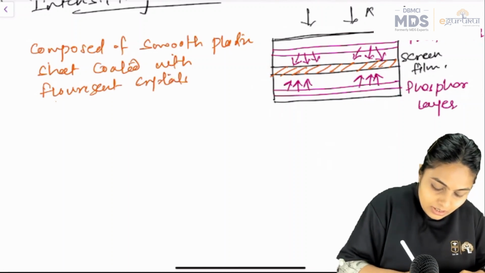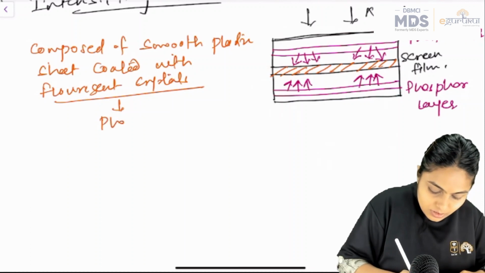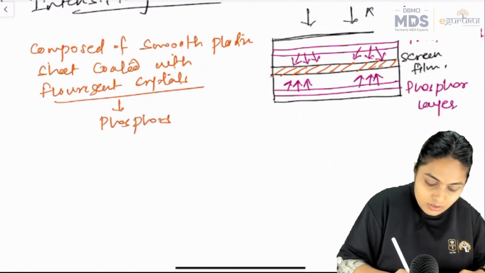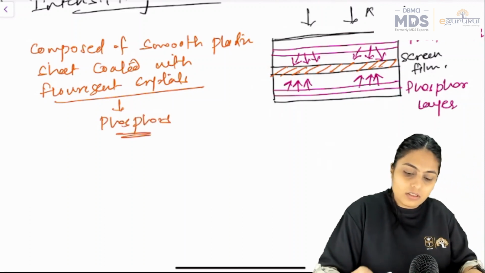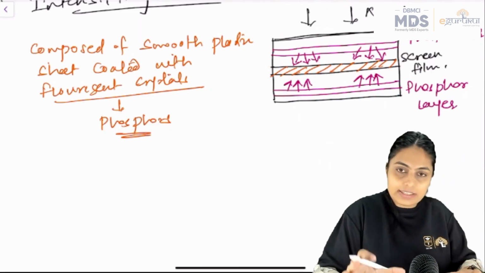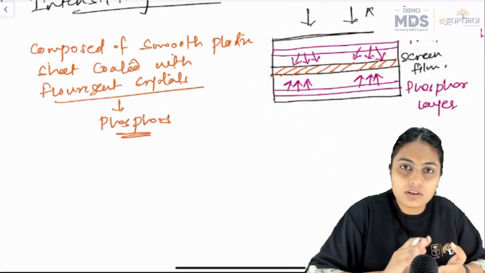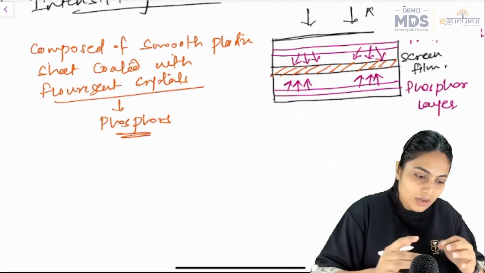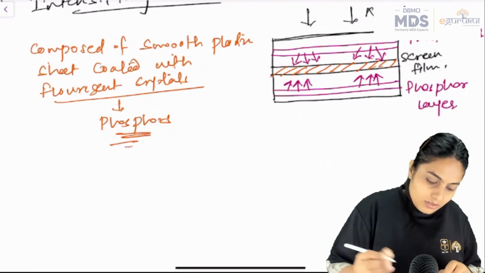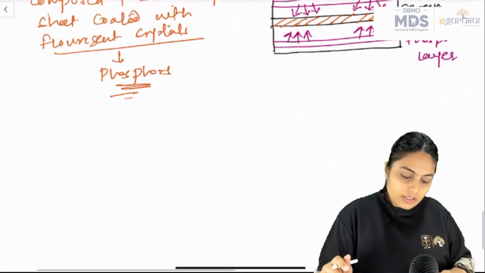These are called phosphors. So the intensifying screens are made of a smooth plastic sheet, and it is coated with fluorescent crystals called phosphors. So this completes our intensifying screens.